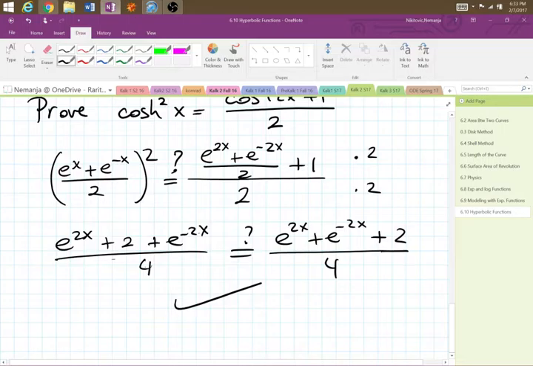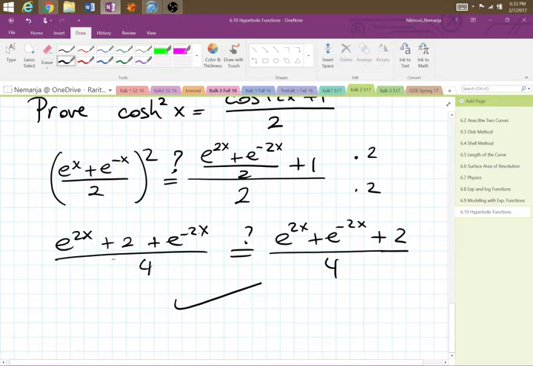Fair? Yes. If you multiply by 2, I have 2 terms. On the first term, 2 cancels 2, so I just get these 2 guys. On the second one, 1 times 2 is 2. On the bottom, 2 times 2 is 4.